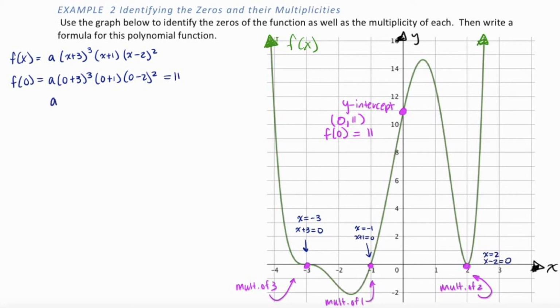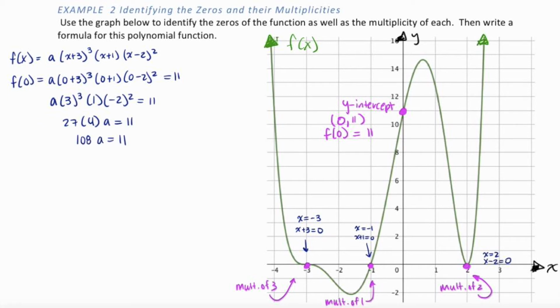So I know that a times 3 cubed times 1 times (-2) squared equals 11. This becomes 27 times 4a equals 11. Pull out a calculator. If you notice, 27 times 4 is 108, and that equals 11a.